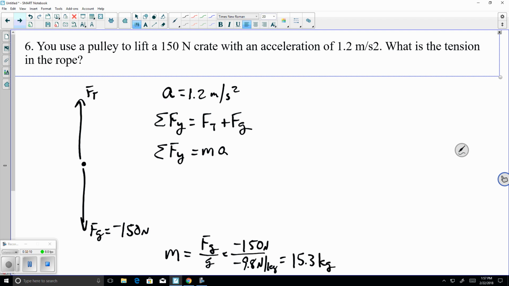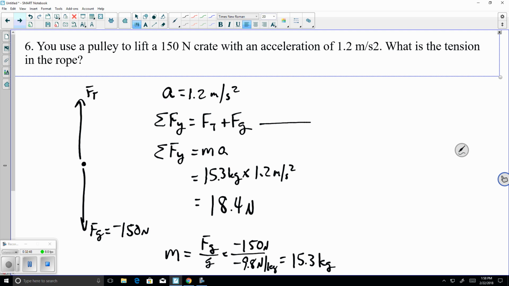Which I can then go back and put up here. So 15.3 kilograms times acceleration, which is 1.2 meters per second squared, gives me a sum of forces in the y direction of 18.4 newtons. When I add everything up, I get 18.4 newtons. Because it's a positive number, that tells me Ft is 18.4 bigger than the force of gravity. So you could just take 150 and add 18.4 to it, or we can use the formula.